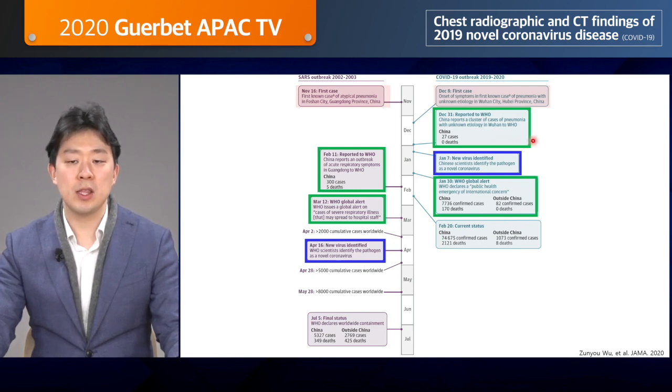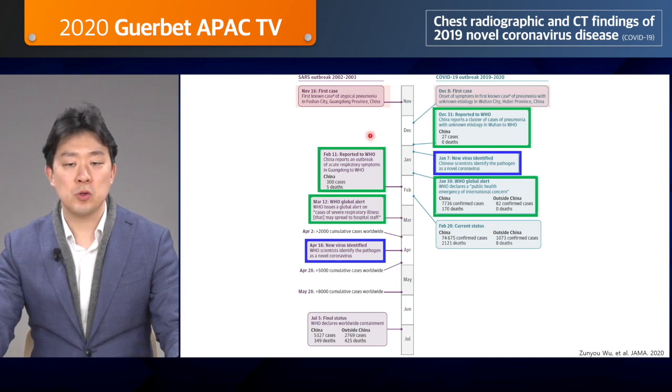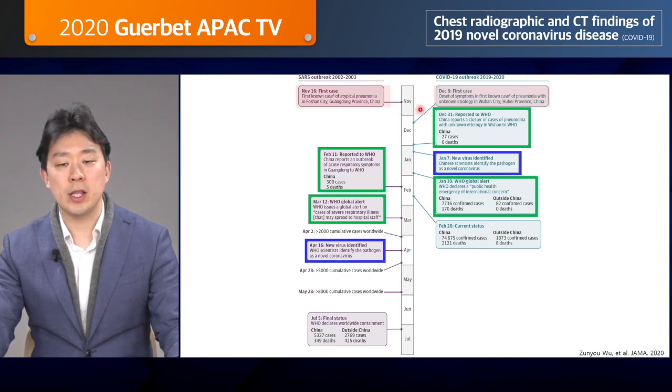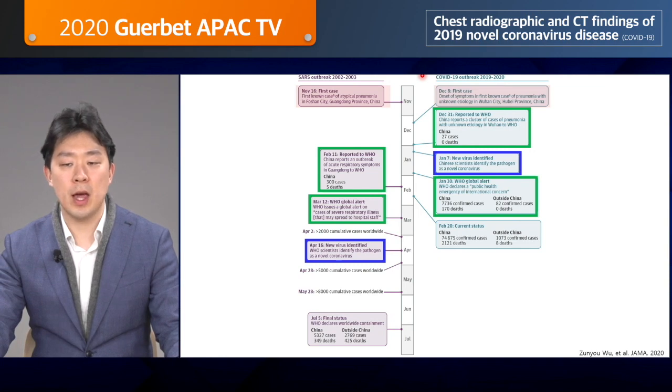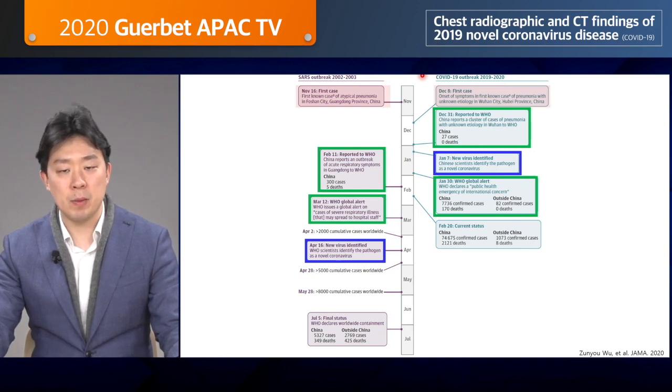A global alert was released within a month. Compared to the experience of SARS in the early 2000s, you can see that the WHO and Chinese CDC reacted much more in a timely manner since the first patient was found.